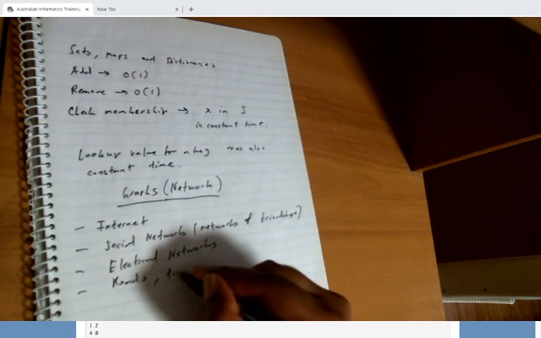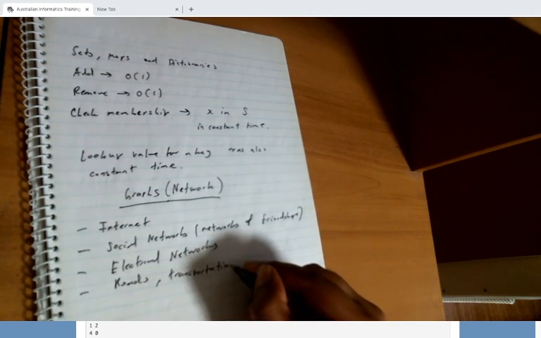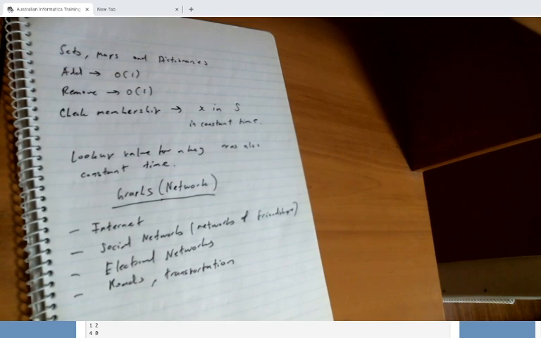Transportation. All of these things are examples of the same abstract structure, which is called a network or a graph. So what is a graph or what is a network?